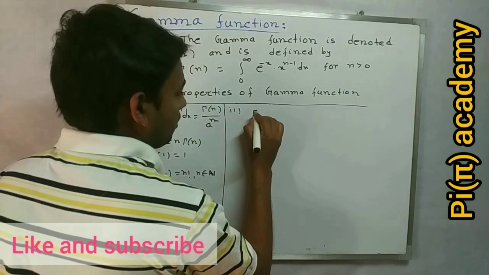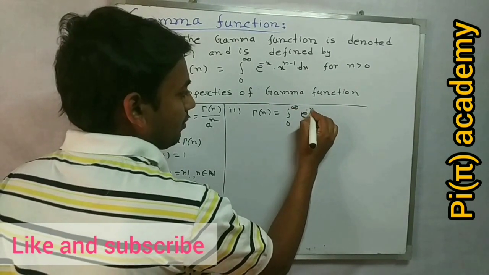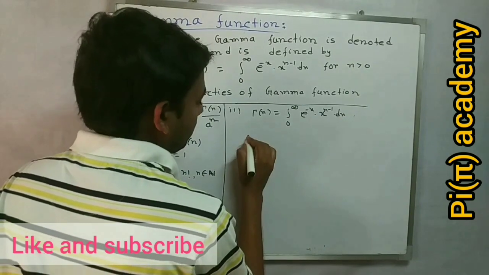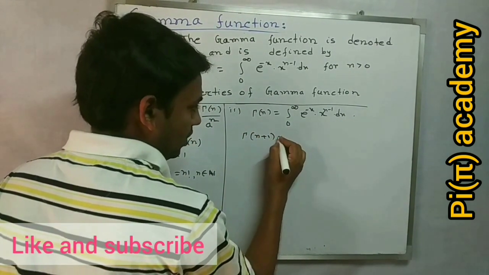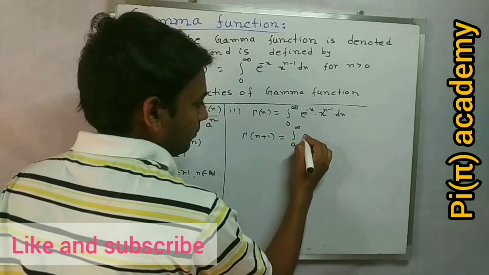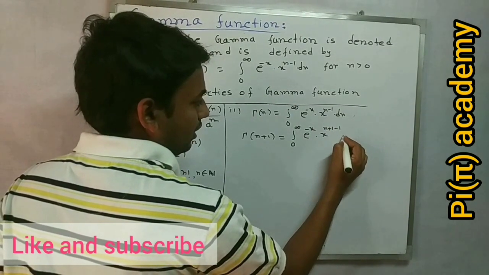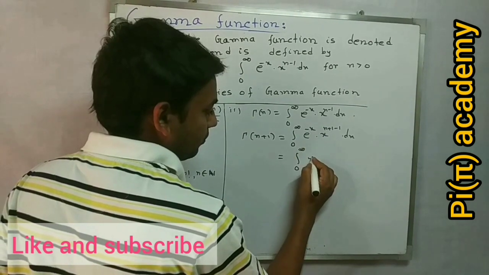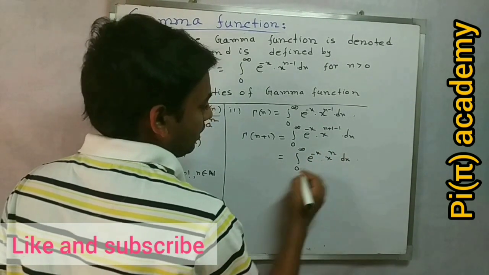We know that gamma n equals the integral from 0 to infinity of e to the power minus x, x to the power n minus 1, dx. Now instead of n we put n plus 1. Therefore gamma n plus 1 equals the integral from 0 to infinity of e to the power minus x, x to the power n plus 1 minus 1, dx. This implies the integral from 0 to infinity of e to the power minus x, x to the power n, dx.